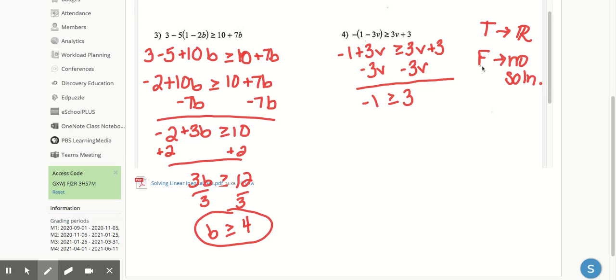If the statement is false, that means that any number we plug in for v here is going to give us a false statement. So here, if we look at what we're left with, negative 1 is greater than or equal to 3. We want to think about, is negative 1 actually greater than or equal to 3? Well, no, negative 1 is smaller than 3. So because this is a false statement, that tells us that we have no solution.